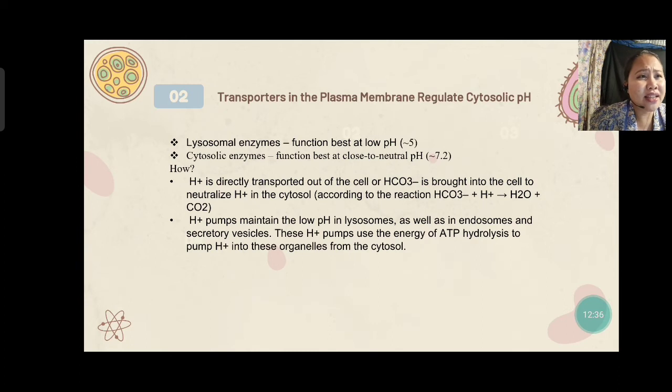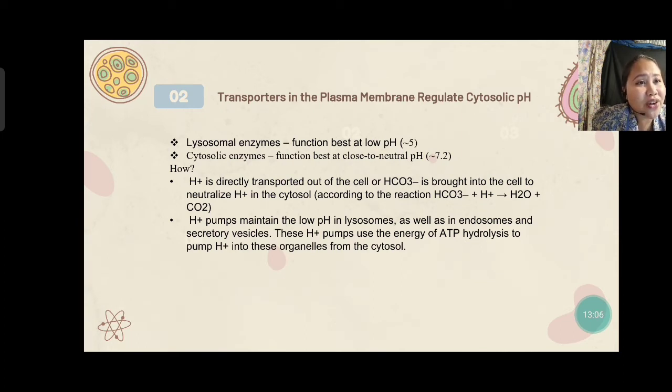How can the plasma membrane regulate the cytosolic pH? So, the hydrogen ion is directly transported out of the cell, or the bicarbonate is brought into the cell to neutralize the hydrogen ion in the cytosol.